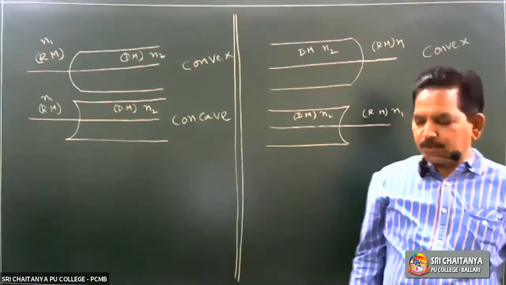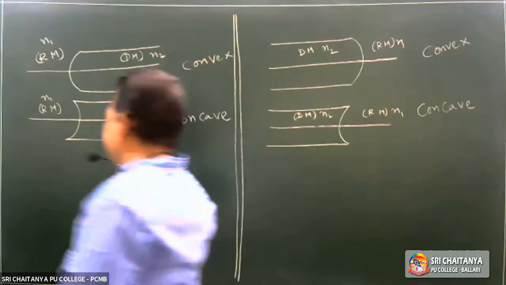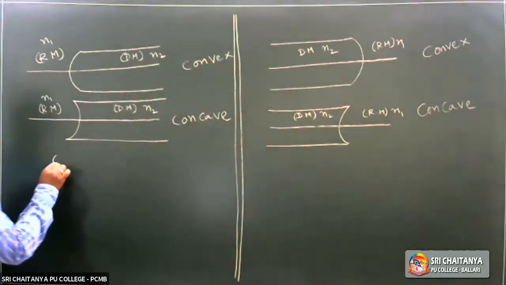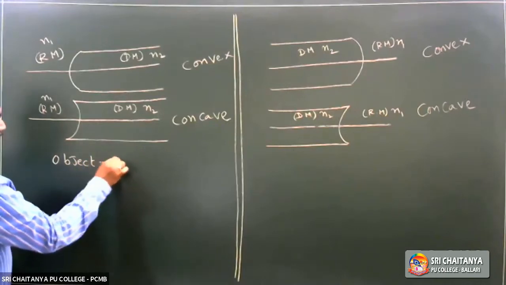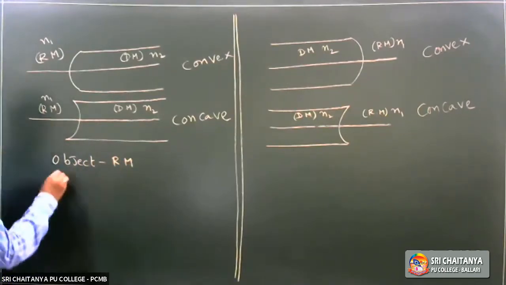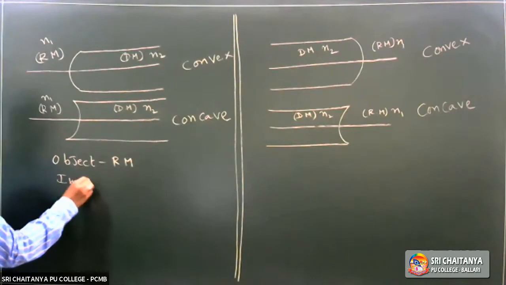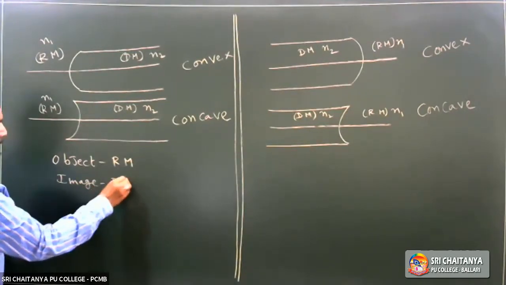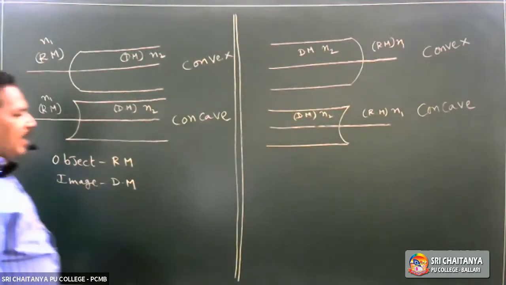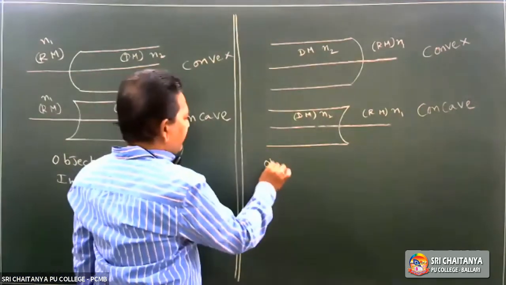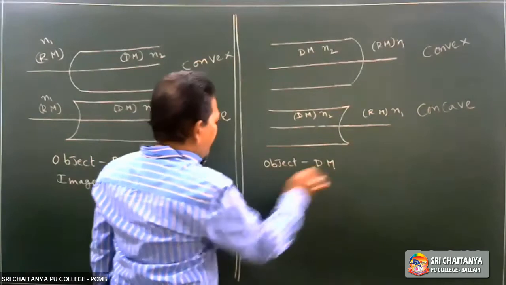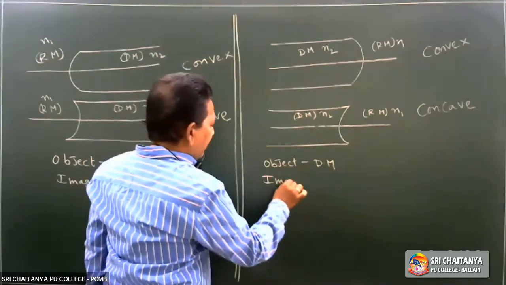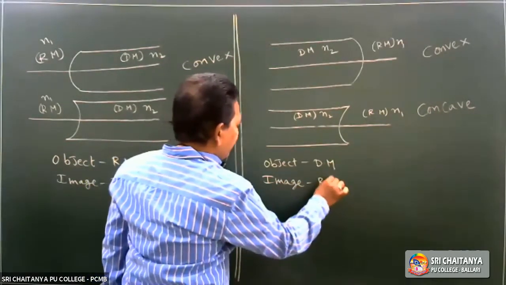Case 1, case 2. In case 1, the object is present in the rarer medium, and the image is formed in the denser medium. In case 2, the object is in a denser medium, and the image is formed in the rarer medium.